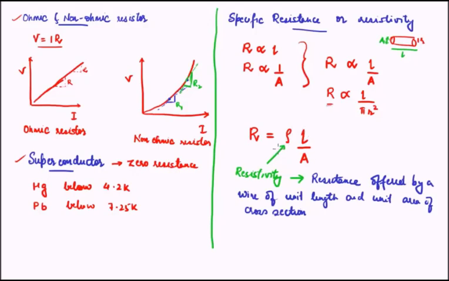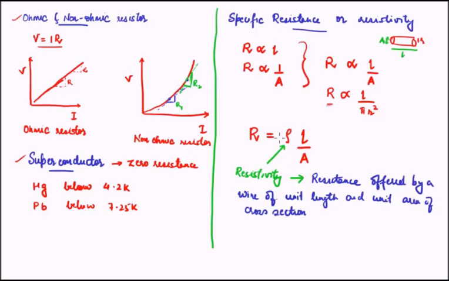Resistivity is a material property. We'll see what factors this resistivity depends on. It is not just a material property, it also depends on the temperature, but it is independent of the shape. So this proportionality constant can be used to correlate resistance with length, area or dimension of the wire in general.